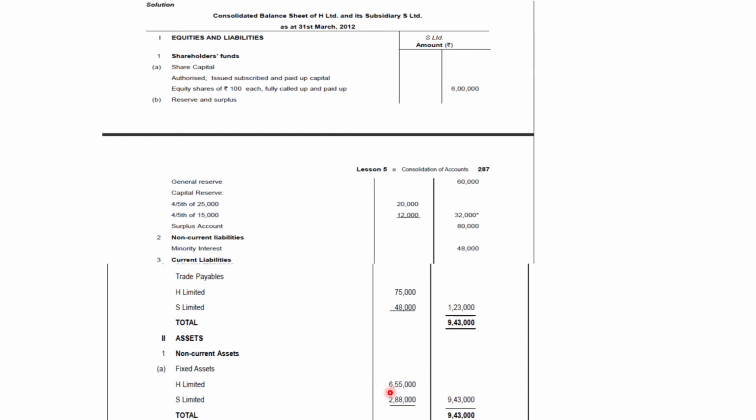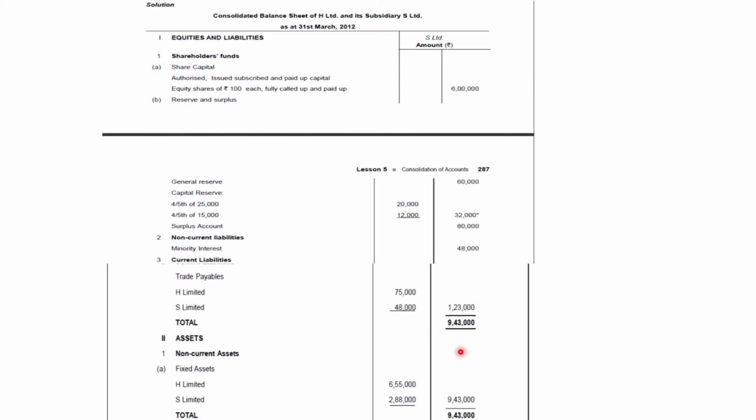Notice that we have removed the long-term investment, that is investment in subsidiary, from the asset side, and just because of this we are adding up the assets and liabilities. And by adding assets and liabilities, it means that we have added the total net assets of subsidiary in the financial statements.